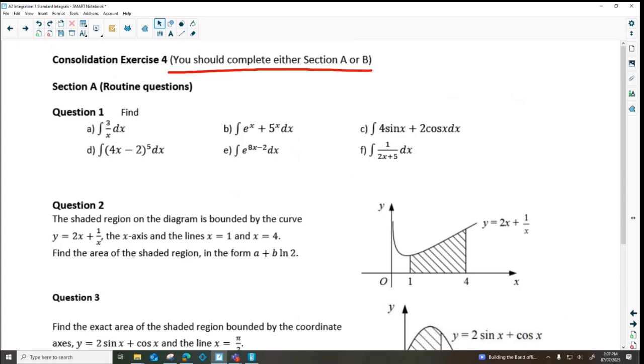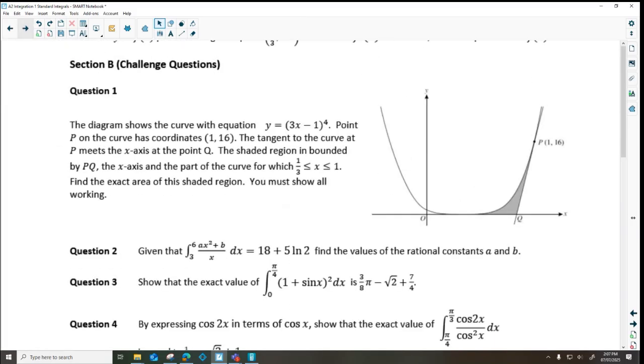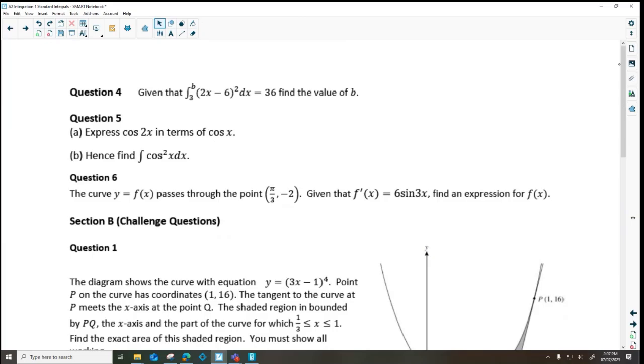You don't have to do both of them. Section A is more routine questions, but they're still not an absolute doddle. Section A has these questions here. Turn over the next page and they carry on a little bit, going up to question 6.